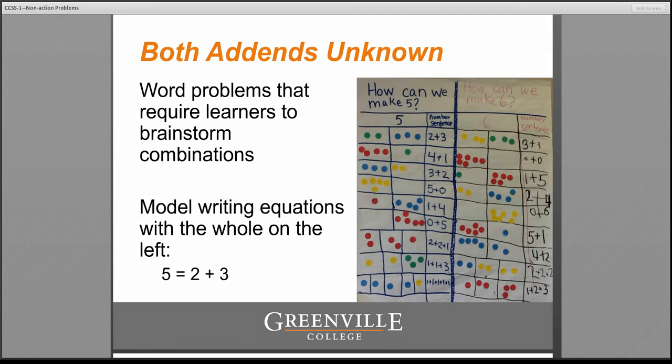They really need to have a stronger understanding of an equal sign and get beyond the idea that an equal sign means that the answer is coming next. So in this case, the Common Core authors have strongly suggested that you use both add-in and known problems to give them some examples of seeing it a different way. So we started with a whole of 5 and we broke it into 2 parts, and so you can write the equation with the whole on the left.